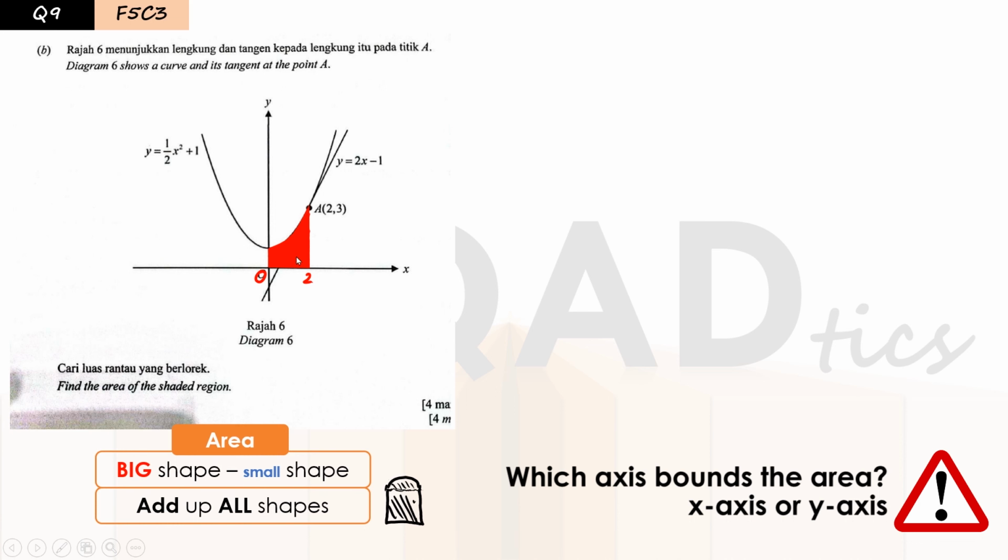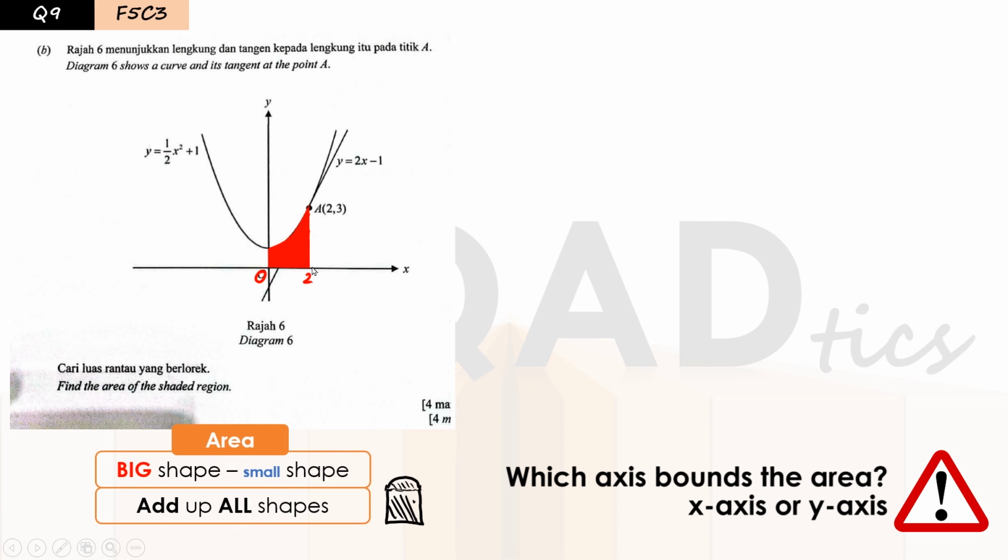So just now we have seen that this shaded region is below this curve, right? So this area here, actually it can go beyond the x-axis, but since it is bounded by the x-axis here, it is controlled by the x-axis here, so the area under the curve only stops at the x-axis.